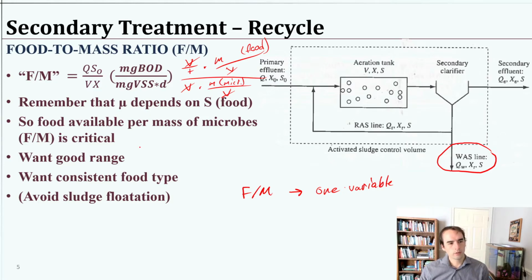Okay, I mentioned the sludge flotation earlier. So one of the things to keep in mind is you want a consistent food type and a good range of food to mass ratio to keep the right bacteria happy and growing and outcompeting any other types. We can typically assume that the wastewater treatment system is going to find all sorts of different types of microbes.